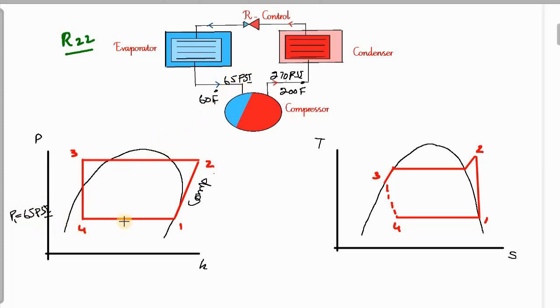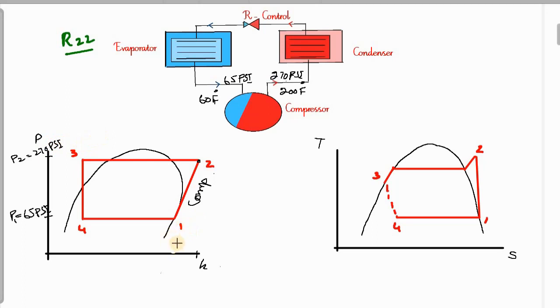After this compression, the new pressure at point 2, P2, is equal to 270 psi.